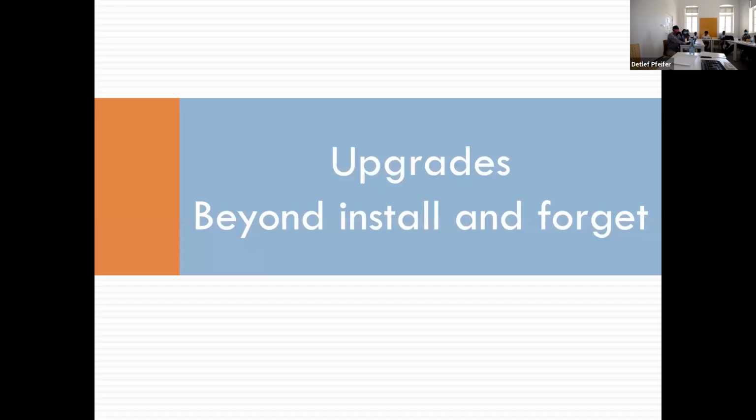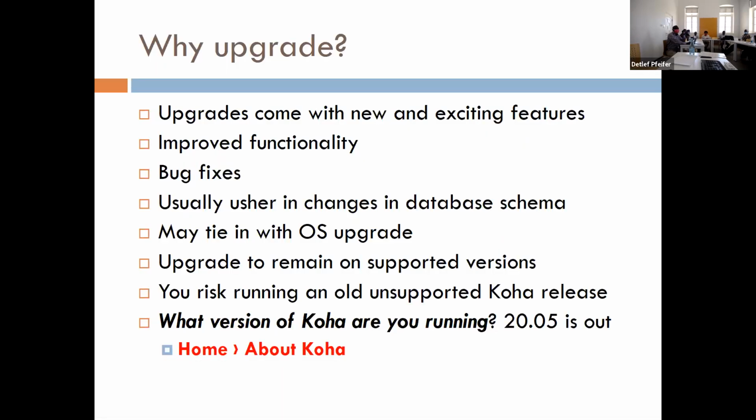Then upgrades. This is what I was saying in the beginning: don't install and forget. Make sure you keep track of the latest version of Koha so that you keep up. You don't stay with Windows XP, which is no longer supported, or Windows 7. You need to move with time. So let's upgrade.